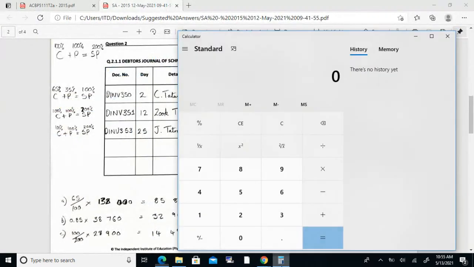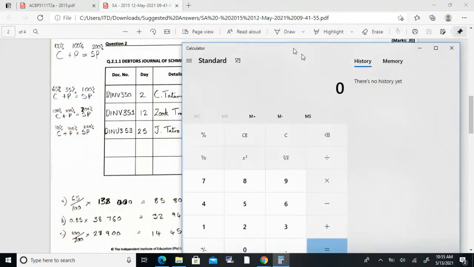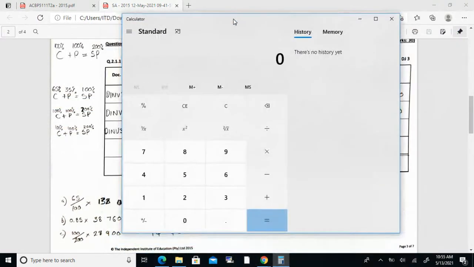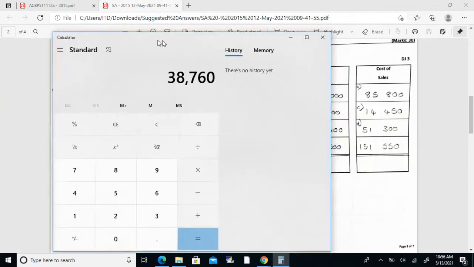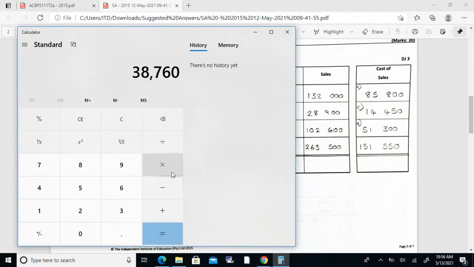So let's do this. Initially these goods were valued at 38,760. Then what we are saying is, okay, cool, that was the price exclusive of the discount. So then we say, what then is the VAT exclusive amount? And I'm just going to be consistent, since I've done this on 14%, I'm going to be consistent with that.